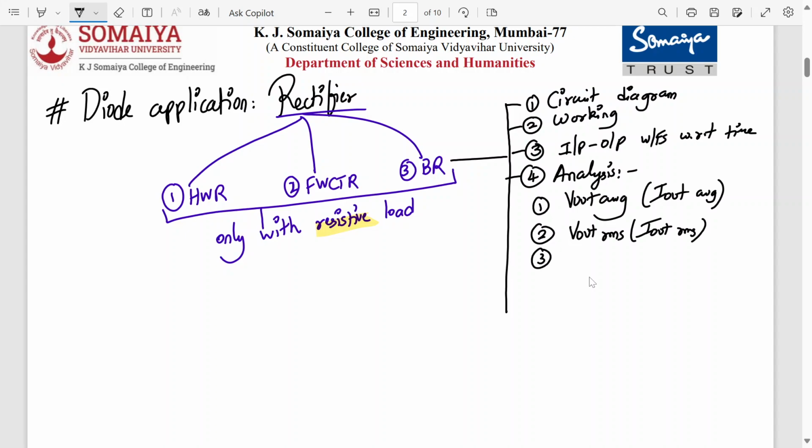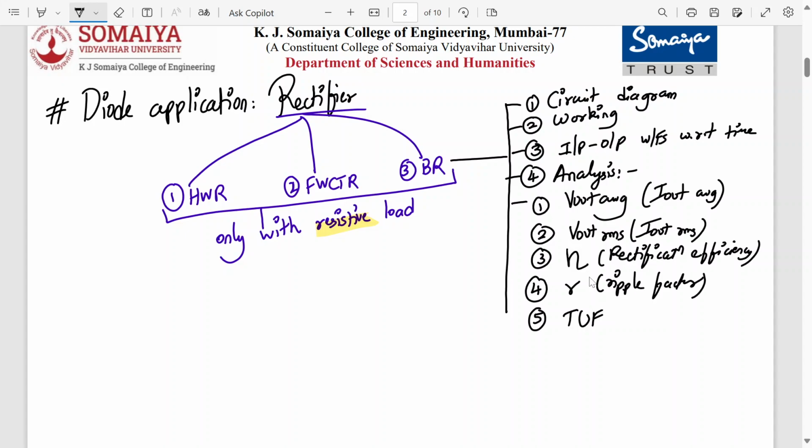Then we have to find out rectification efficiency given by eta. Next, we have to find out the ripple factor. And next, we have to find out TUF, the transformer utilization factor. This is rectification efficiency, and this is the ripple factor.